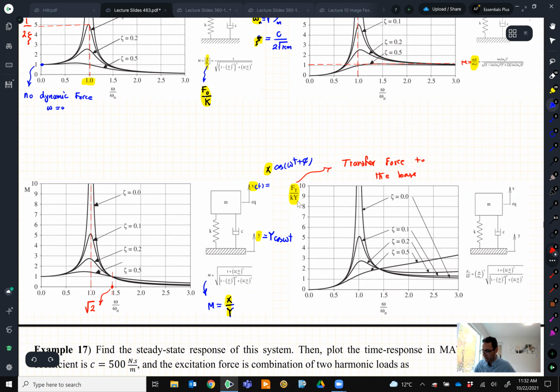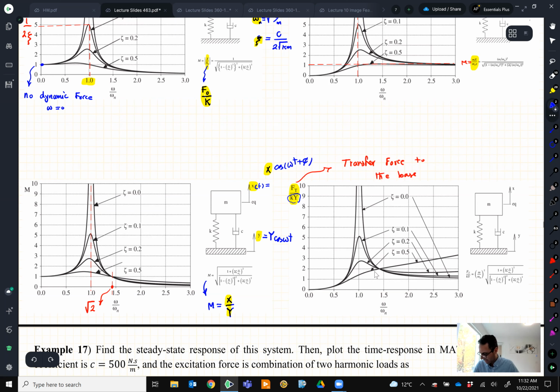So kY is our yardstick to compare how much force now gets to the base. If I don't have any dynamic force or any dynamic motion, if I only deflect the base by capital Y, most likely my base gets a force of K multiplied by Y, because damping, when there is no motion, doesn't apply any force. So I compare it with how much the force increases or decreases.